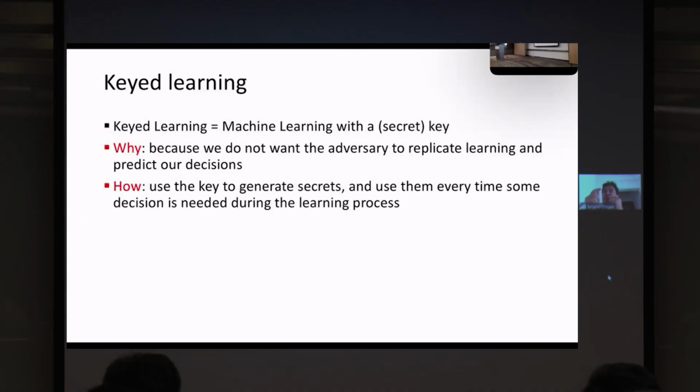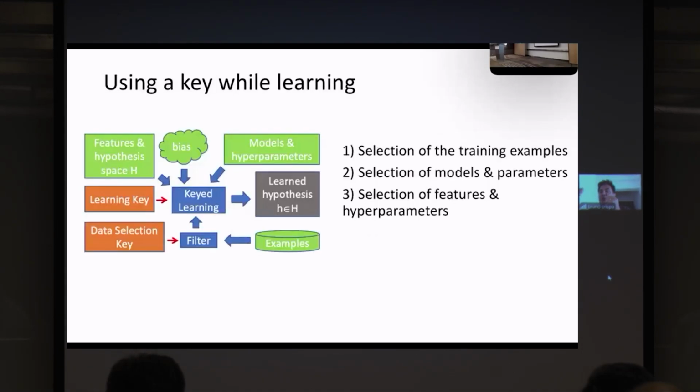The key is used to select, as I said, many of these parameter and configuration settings that are important and make the classifier very different. So, for example, you can use the key to select the training sample, the size of the training sample, which model to use, the other parameters, the hypothesis.